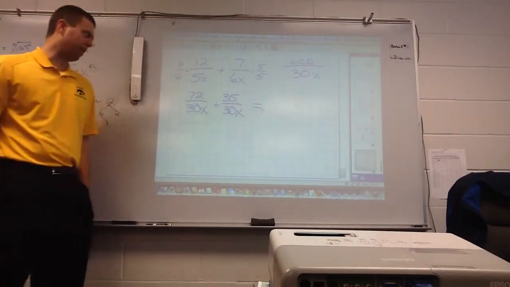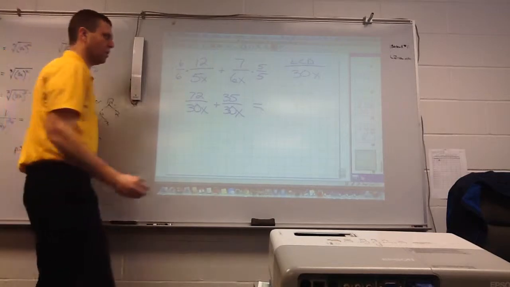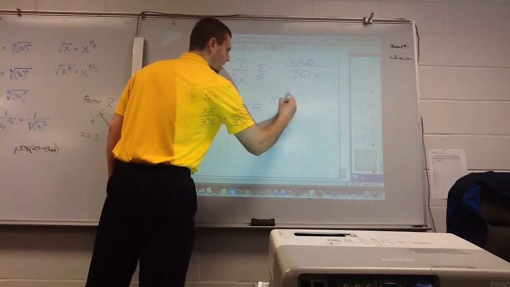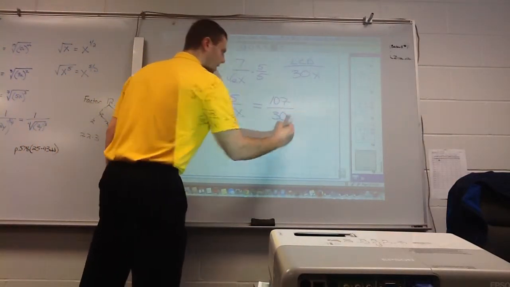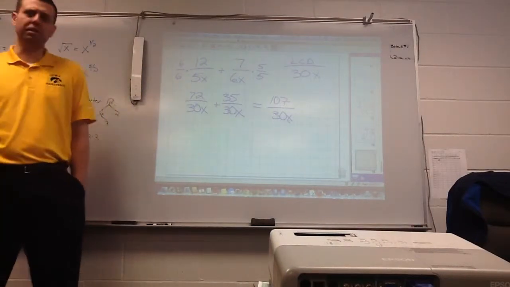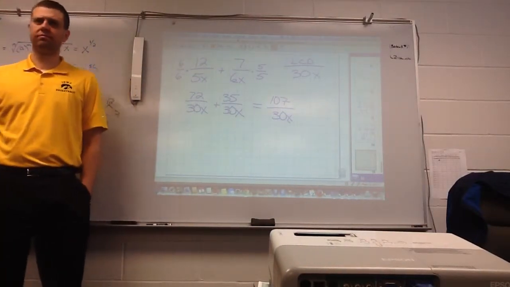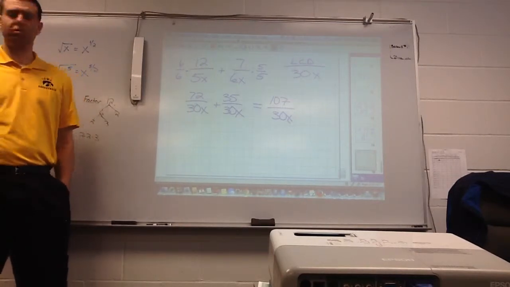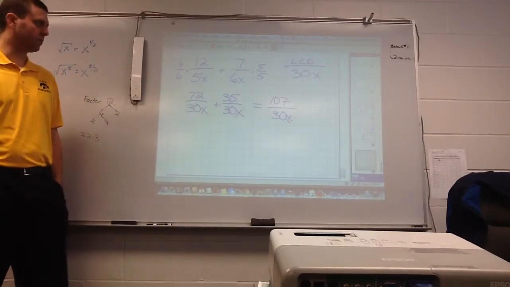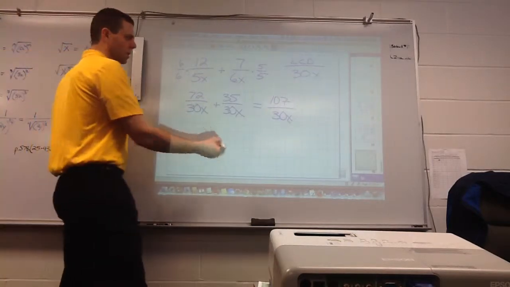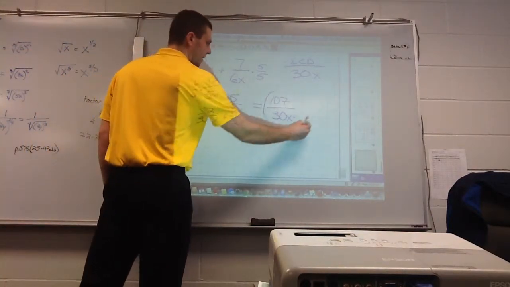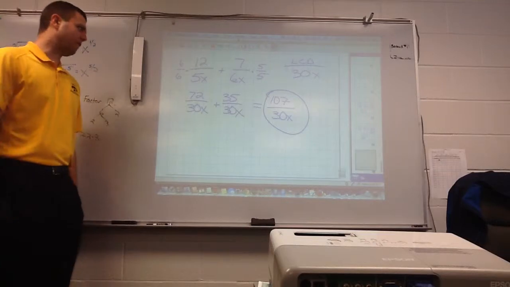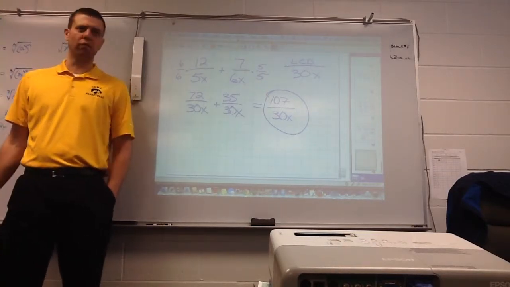Now I can add them together. 107 over 30x. Can you reduce that? Nope. Nothing to reduce. Nothing goes into 107. Okay? They don't have a common factor that they're divisible by. So my final answer would be 107 over 30x.